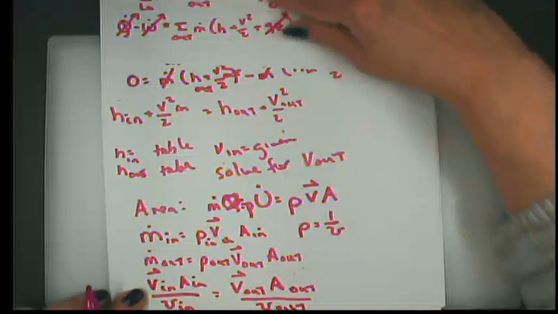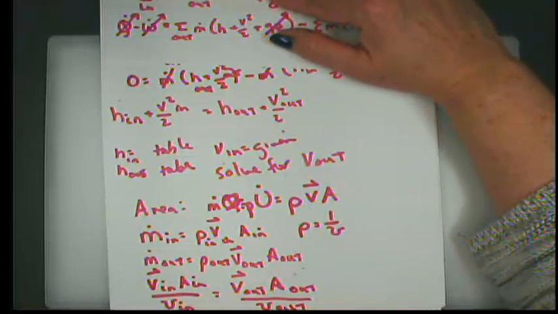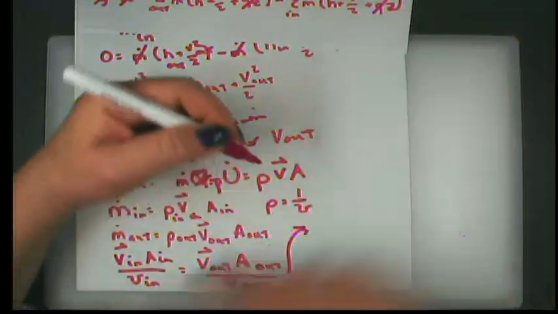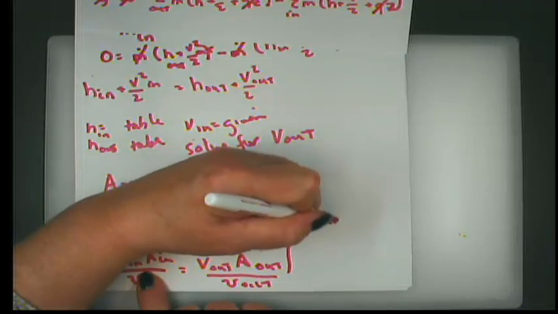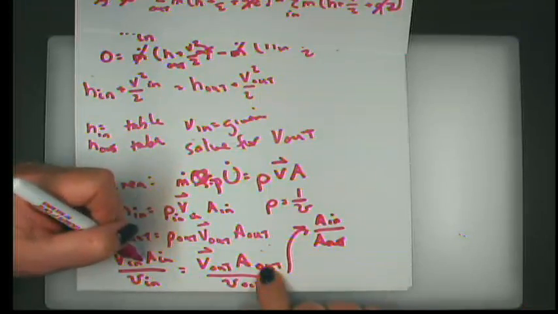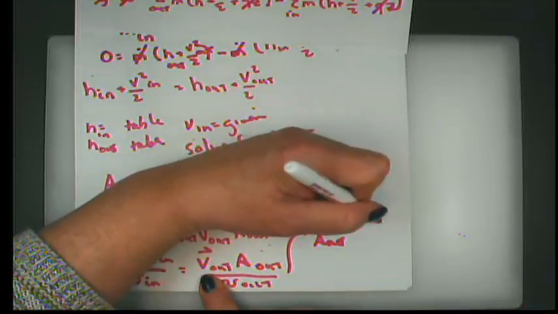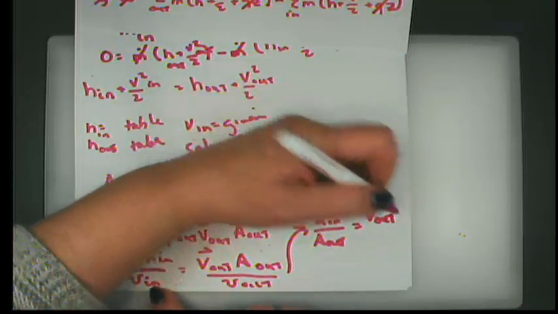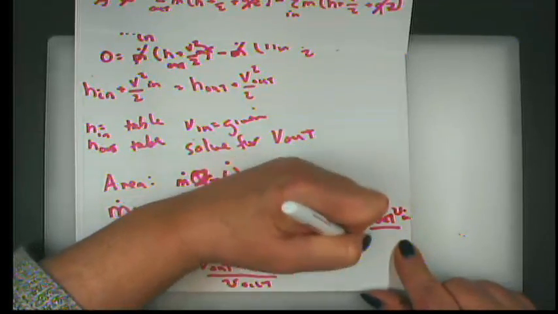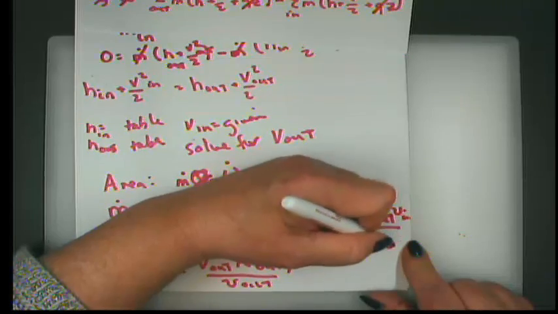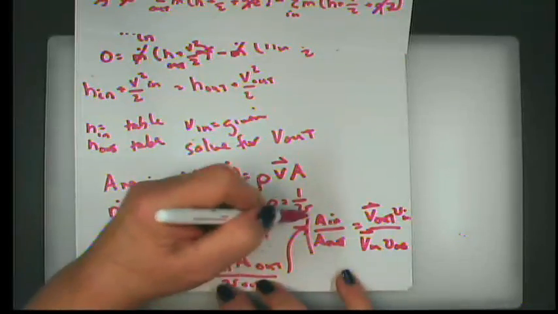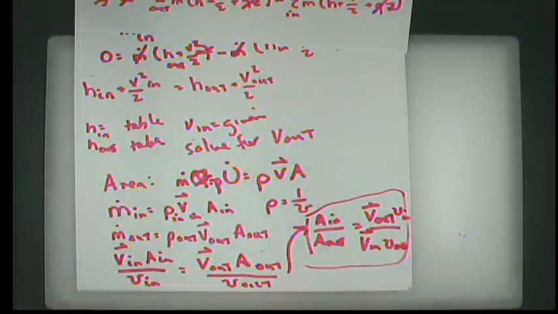And since what we're looking for here is the area on the inlet divided by area on the outlet, we can rearrange this equation and say the area on the inlet over the area on the outlet, just dividing through, is equal to the velocity on the outlet times the little v on the inlet over velocity on the inlet times little v on the outlet, right? So algebraically, I can solve for that ratio as well.